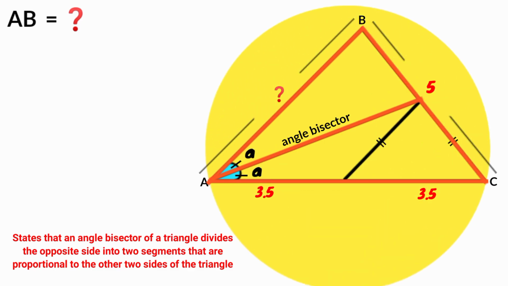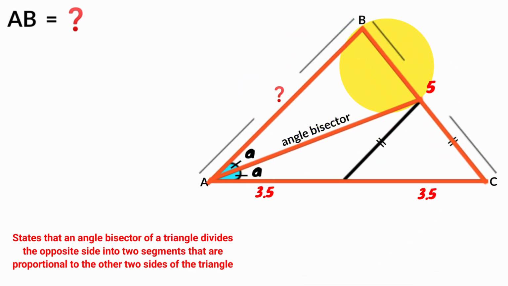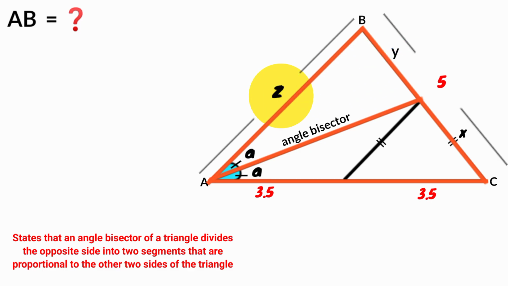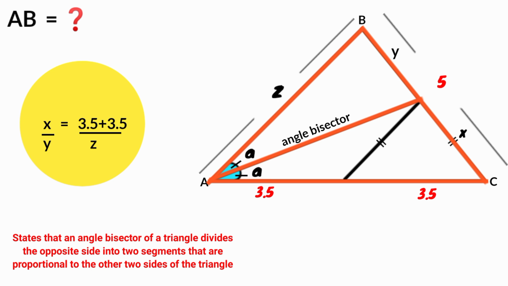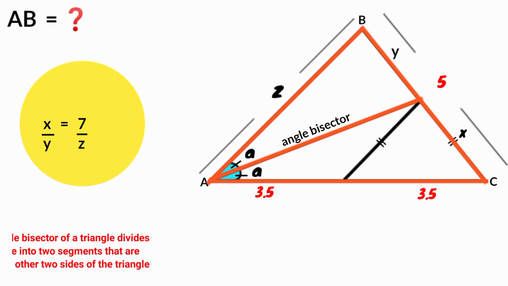That is, here, this segment and this are in the same proportion as this side is to this. So if we let this be x, this y, and this z, x over y equal to 3.5 plus 3.5 all over z. 3.5 plus 3.5 is 7.